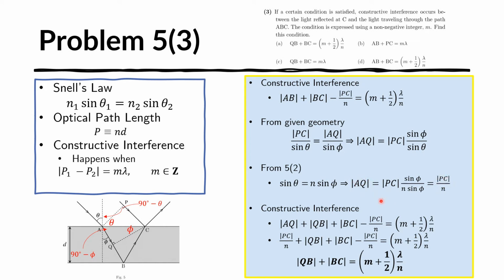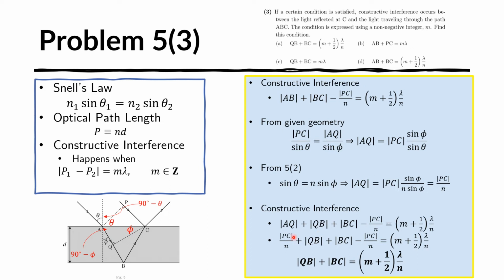And now, we can go back to this condition that we had at the beginning. That length AB is equal to the length from AQ and the length from Q to B. And so we write AB as AQ plus QB. And the rest will be the same here.